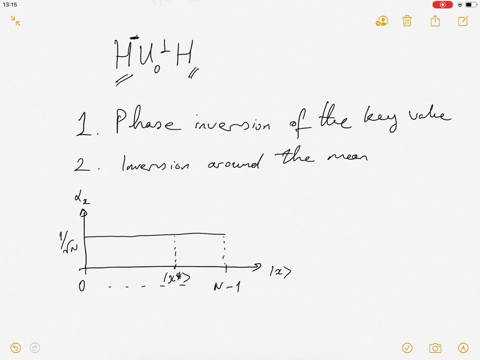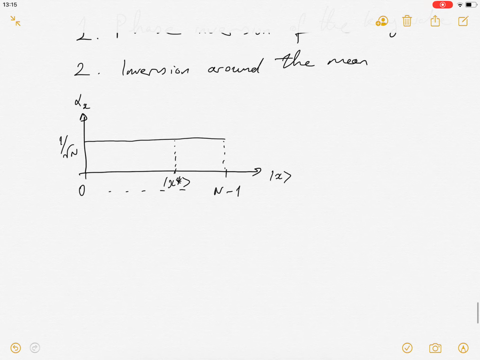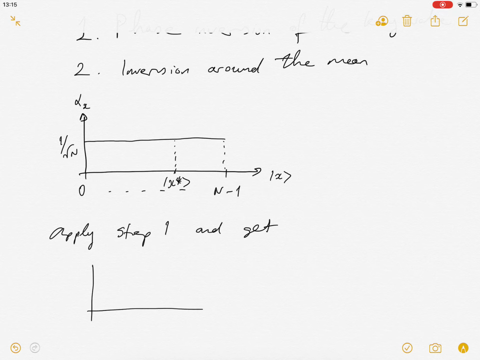Now if we apply the first step, the phase inversion of the key value, what happens is that all the states except the key value will remain the same, while the amplitude of the key value will be flipped.